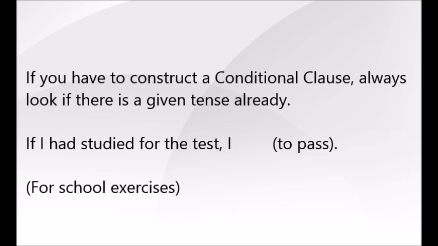So you see in the if part, so the subclause of the sentence, it's past perfect. And so you know there's only one type that uses past perfect, and that's type 3. And so you know you have to fill in conditional 2 in the main clause. So the correct answer would be, if I had studied for the test, I would have passed.